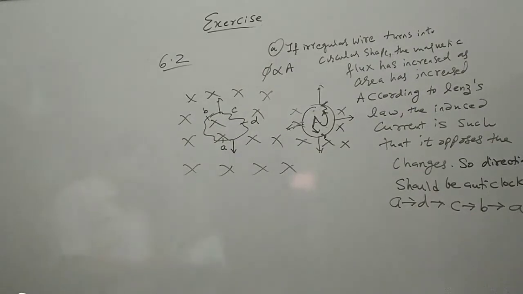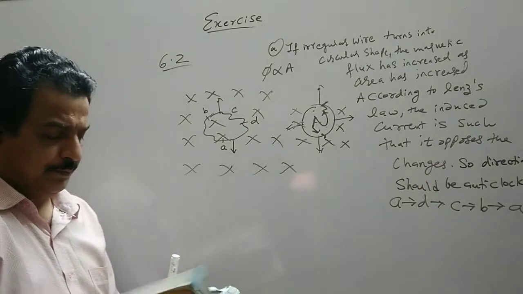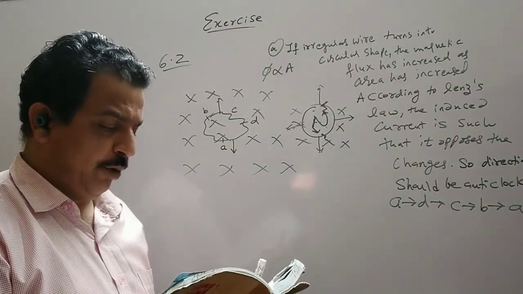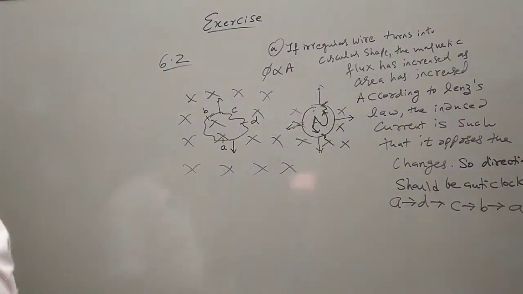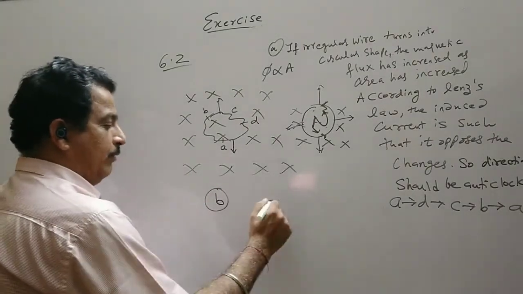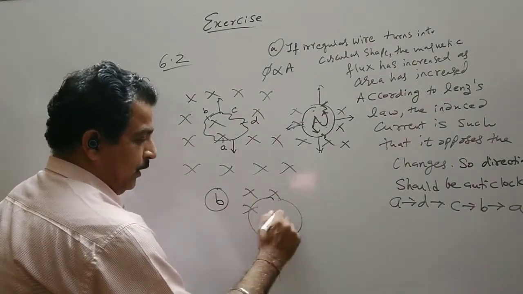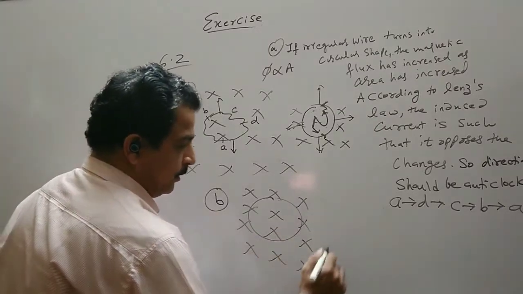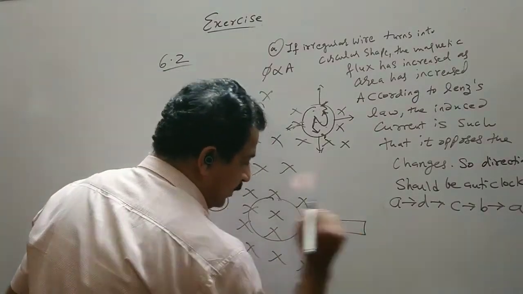Now the second part: a circular loop is deformed into a narrow straight wire. So now we have a circular loop, and it is deformed into a wire.